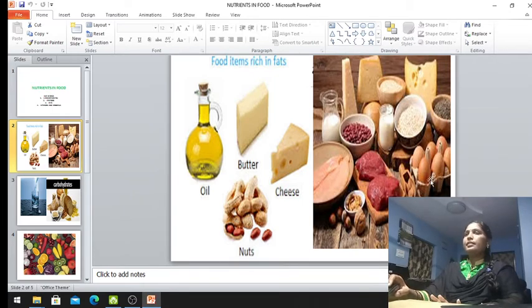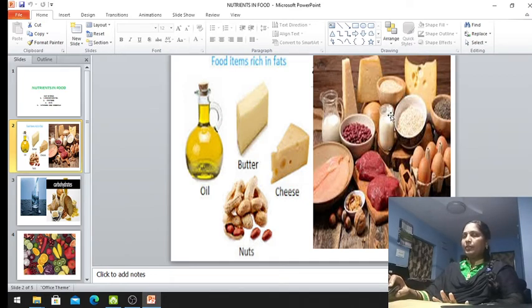All these have seeds. Food items which have seeds all come under the pulses group. So almost all the pulses contain a nutrient called protein.